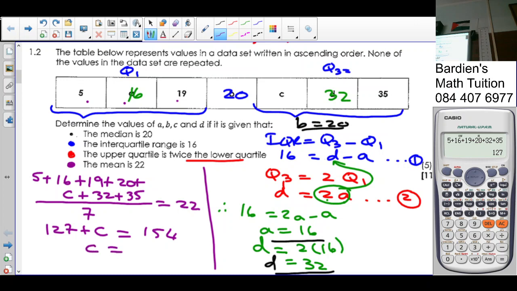So C is equal to 154 minus 127, which is 27. So that C value is 27. Does it make sense, people? They ask yourself, it's so easy. Why did I get it wrong?